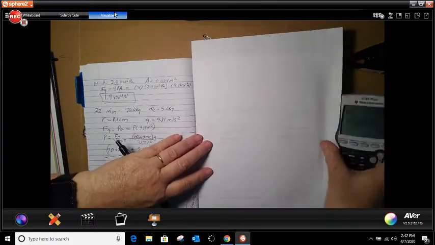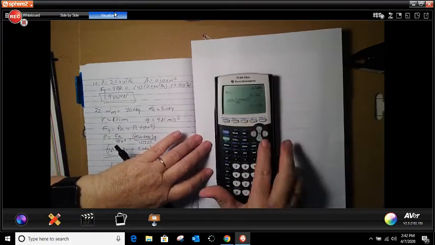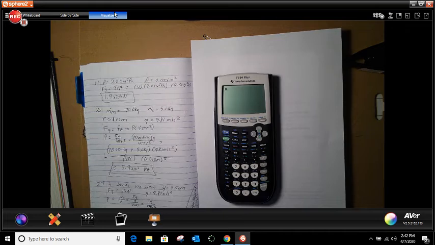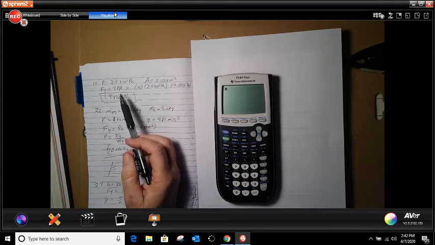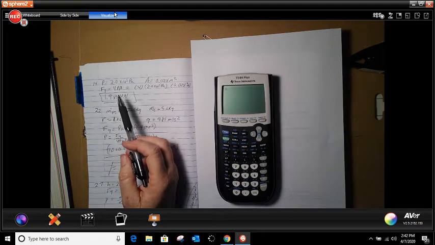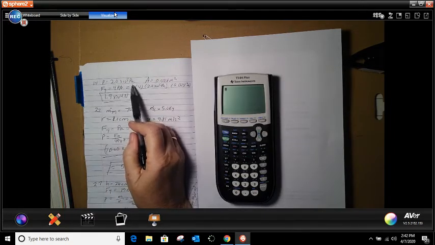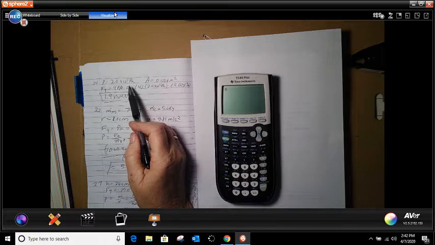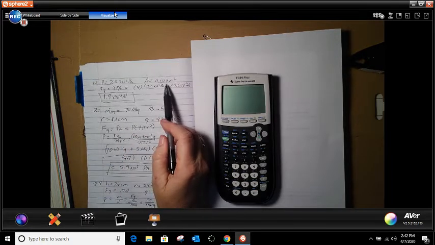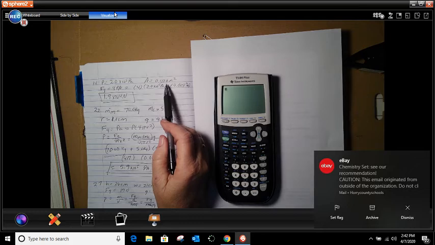Then the next one we're doing is question number 14. It says the four tires of an automobile are inflated to an absolute pressure of 2.0 times 10 to the 5th pascals. That's my pressure. Each tire has an area of 0.024 meters squared in contact with the ground. Determine the weight of the automobile.